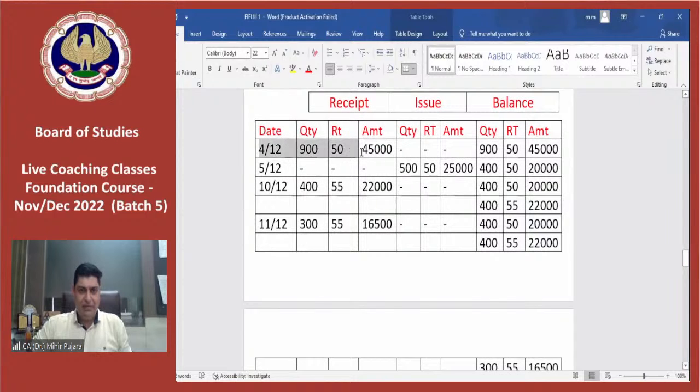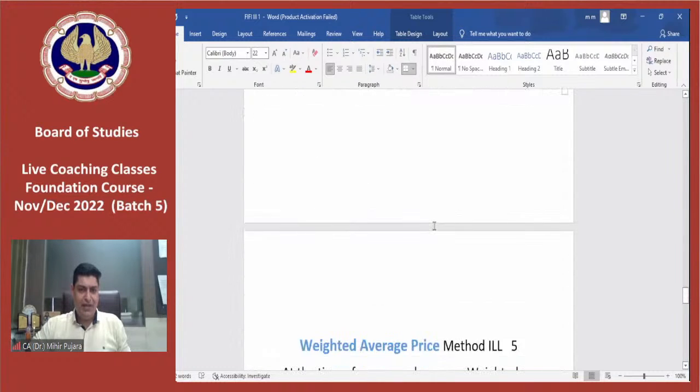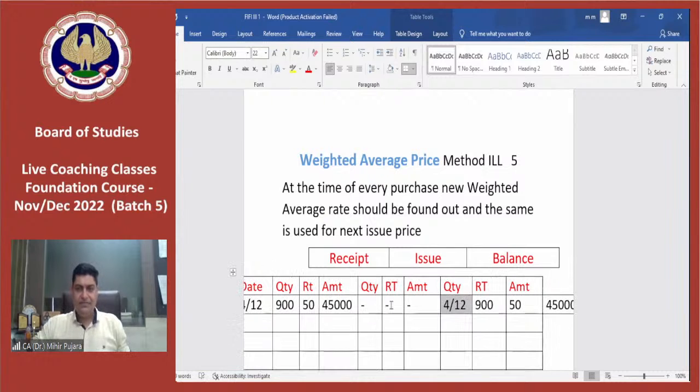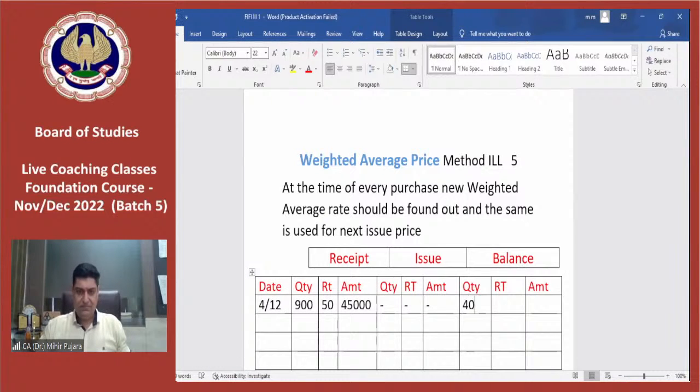I am just making a copy paste here because the purchase is there. First purchase, 4 by 12.